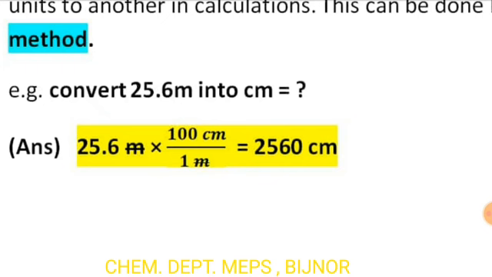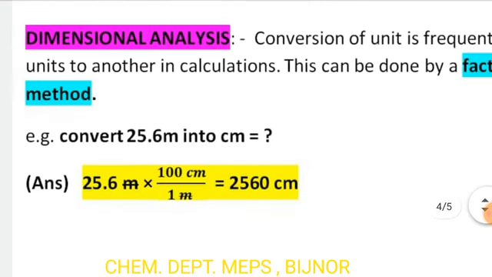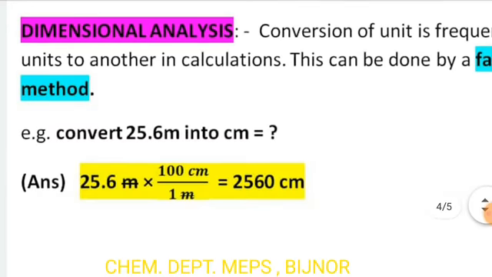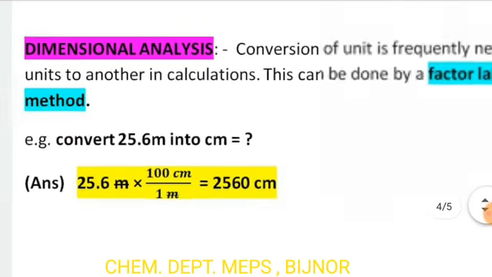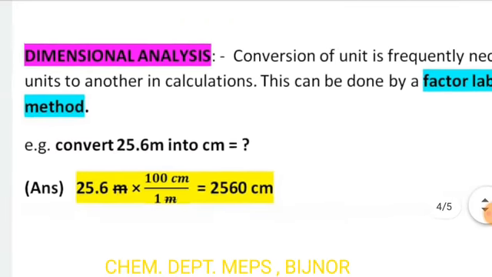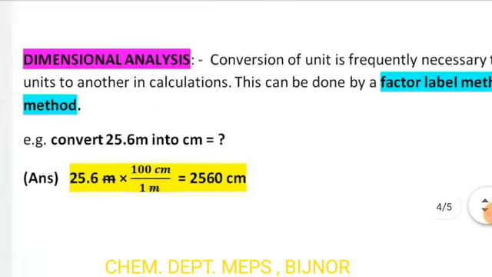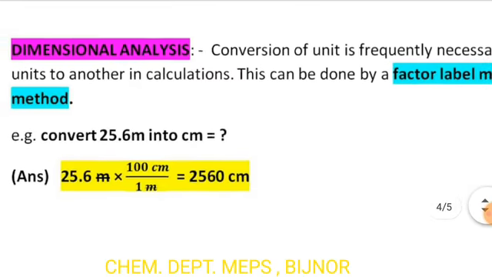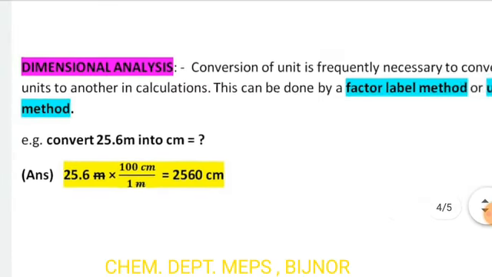So meter cancels meter, and 25.6 multiplied by 100 is equal to 2560 centimeter. Student, by this method, dimensional analysis, you can convert a big unit into a small unit or a small unit into a big unit. So this is very useful, and many NCERT questions are based on this. Then we come to the next step.